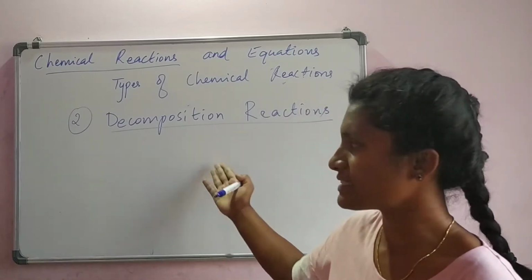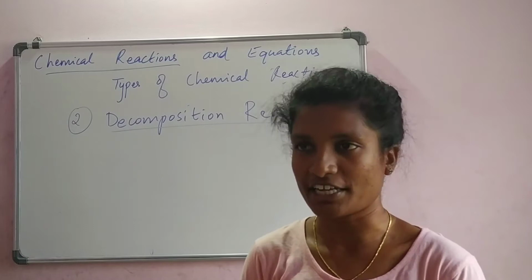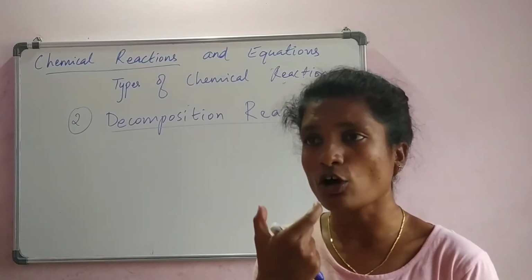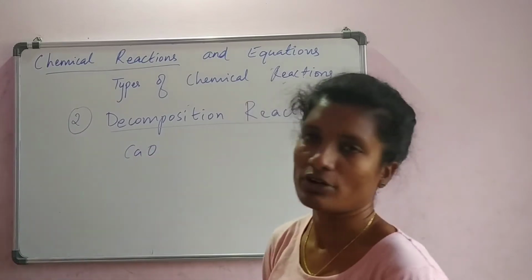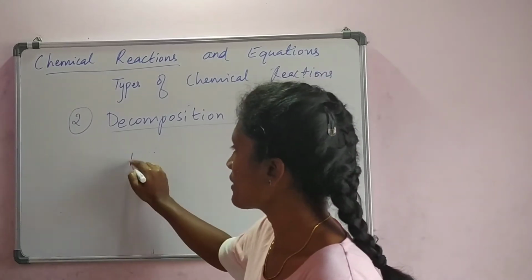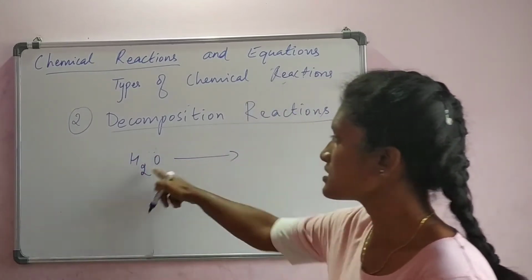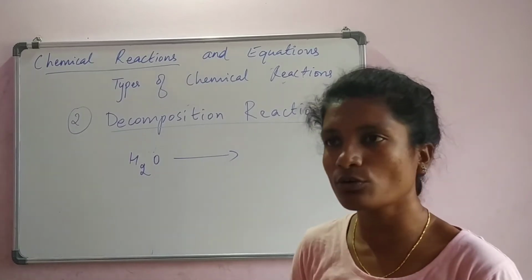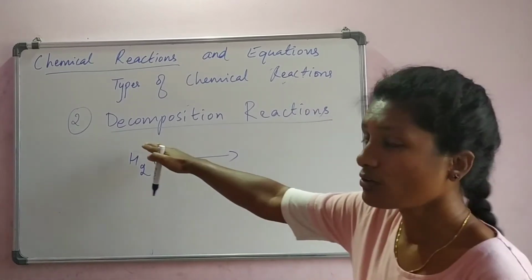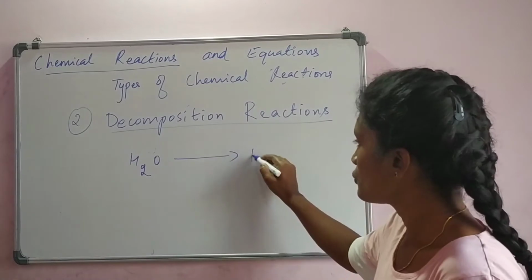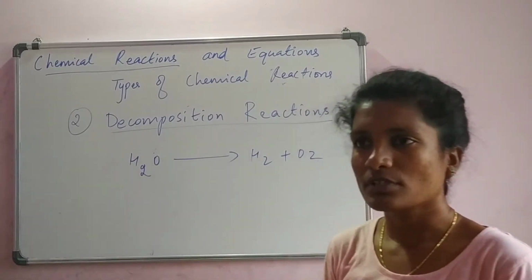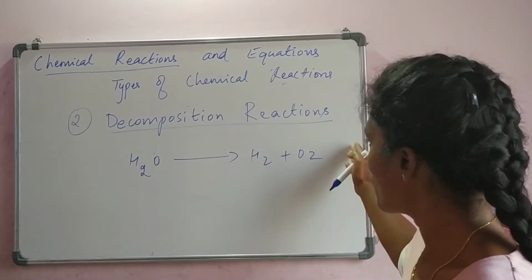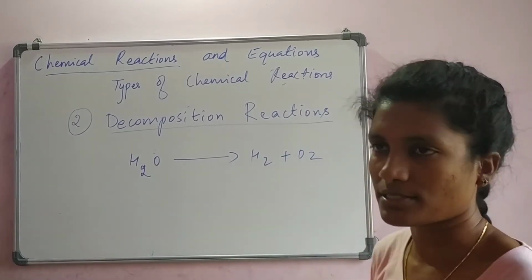So this is exactly opposite to combination reaction. Here we will have a single compound. Let us say there is a single compound like this, or we can take water again. So this compound is going to break, it is going to get decomposed to form multiple products, or sometimes there can be more, two or more products.